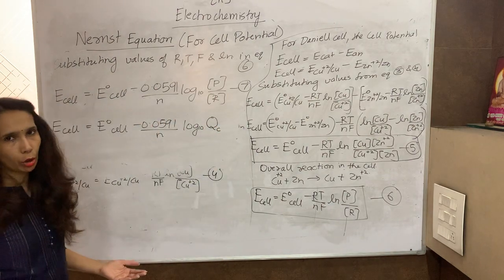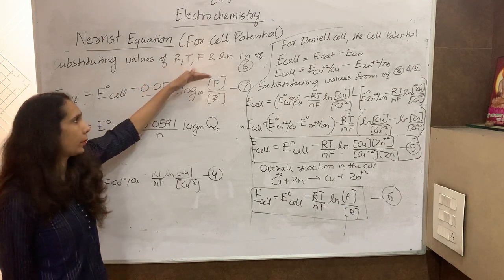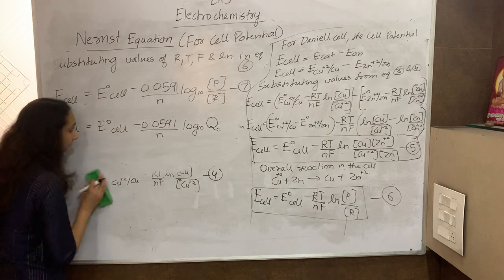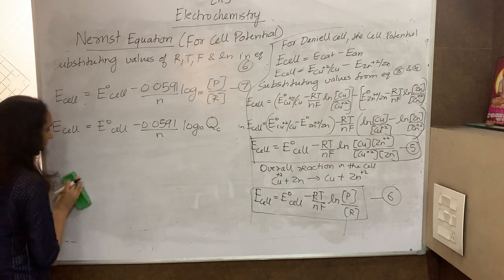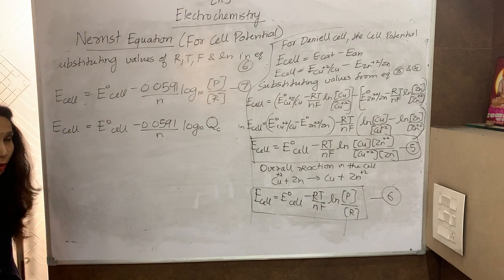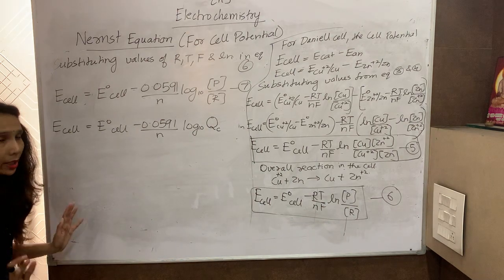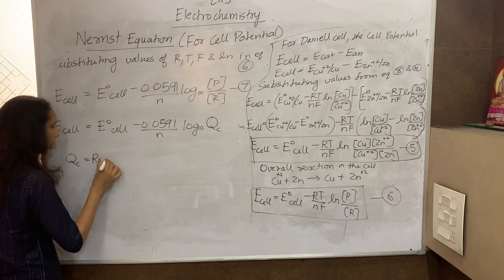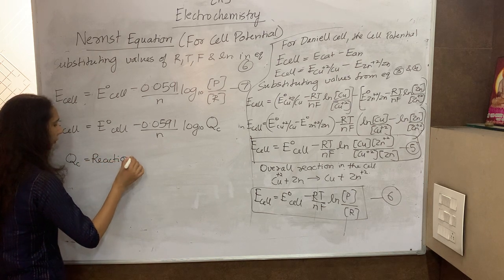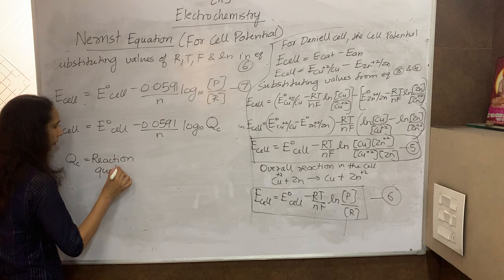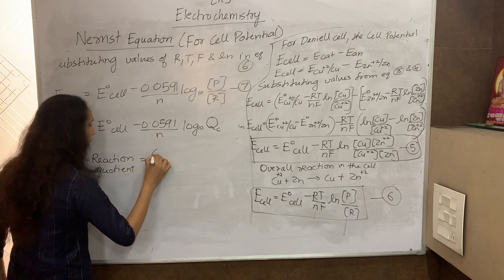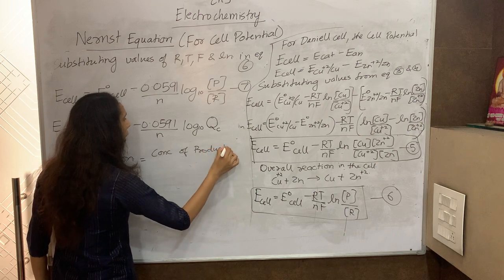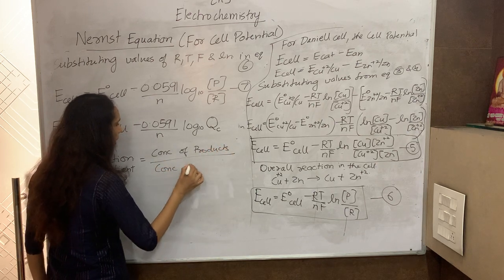QC, you know, is the reaction quotient. It is the ratio of concentration of product to the concentration of reactant at any time during the reaction, not necessarily at equilibrium. So QC is the reaction quotient, equal to concentration of products upon concentration of reactants.